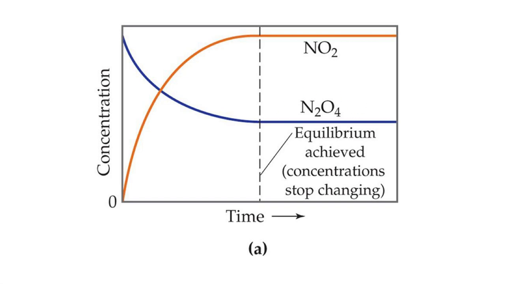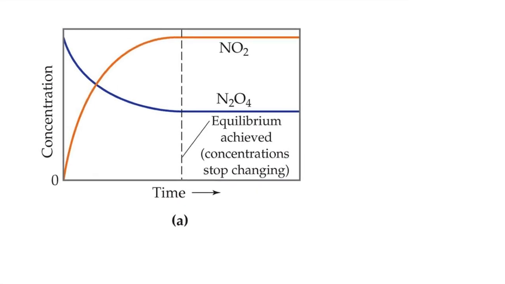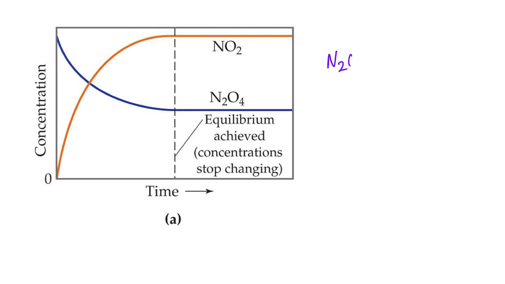Yeah, you're producing 2 NO2s for each single N2O4. That's the stoichiometry. So the concentration at equilibrium of NO2 is twice that of N2O4. Again, where the concentration is no longer changing on this plot for the species, that's where we've achieved equilibrium.